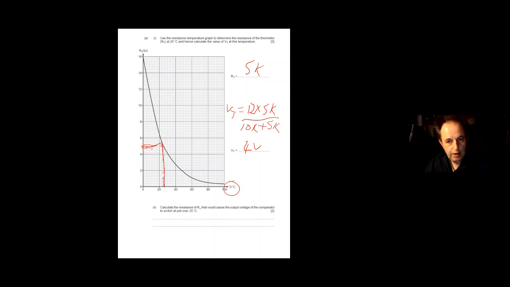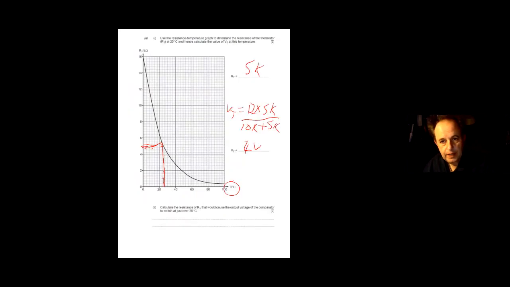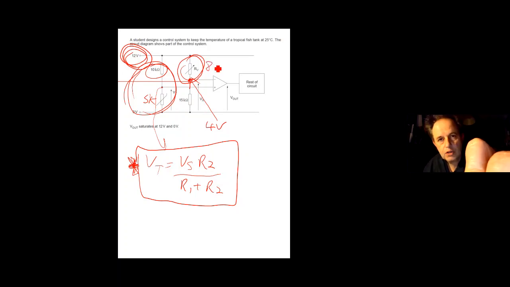Now it's asking what resistance should that be if my threshold is 4 volts. So I have to create this point here, and that point has to be 4 volts. I've got 4 volts across this bottom resistor, so looking at the supply, I've got to have 8 volts across the top one, because those two have to add up.